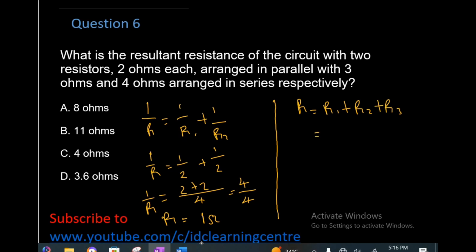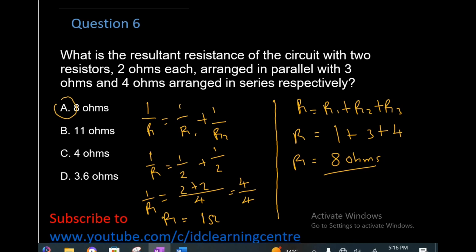So our R1, this 1 ohm, is now in series, so it's 1 plus 3 plus 4. Adding these three together, we get our answer as 8 ohms. So the correct answer for this question is A, 8 ohms.